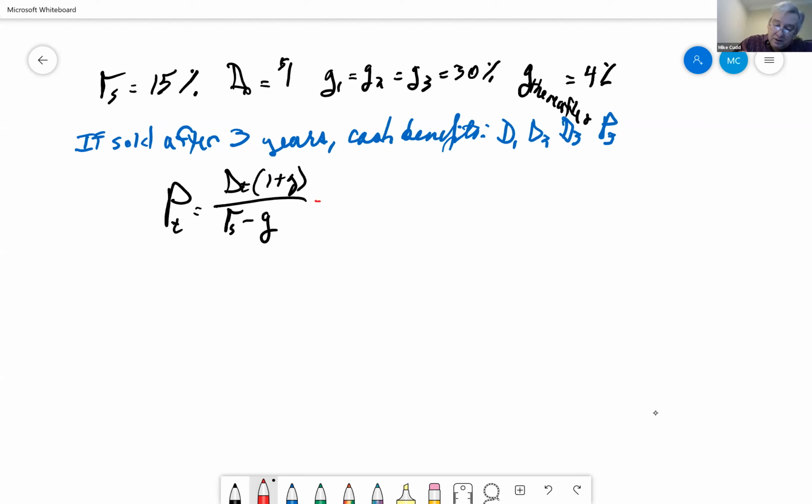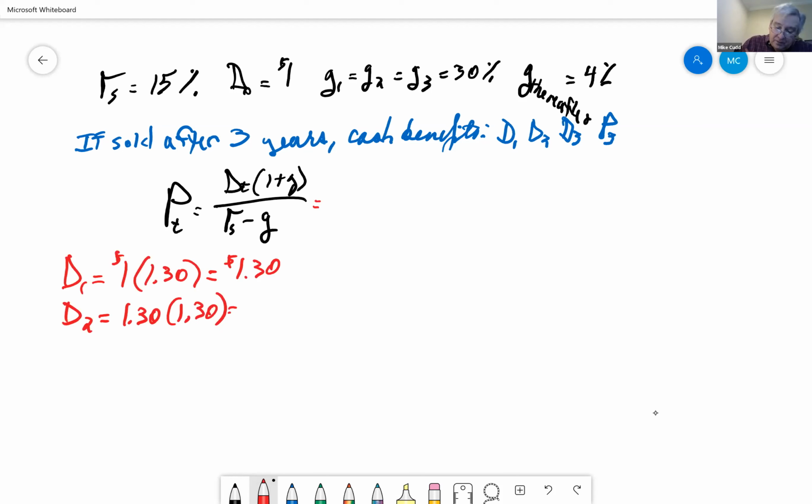So we need to figure out the dividend in year 1, which would be $1 times 1 plus 30%. Then playing leapfrog, letting the second dividend grow by 30%, we would get $1.69.